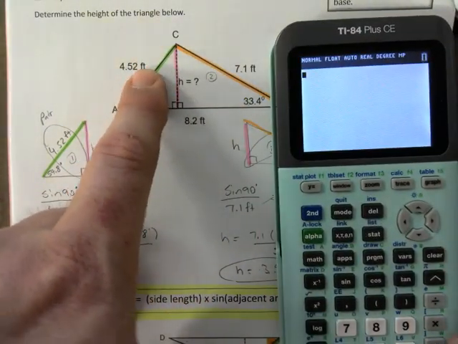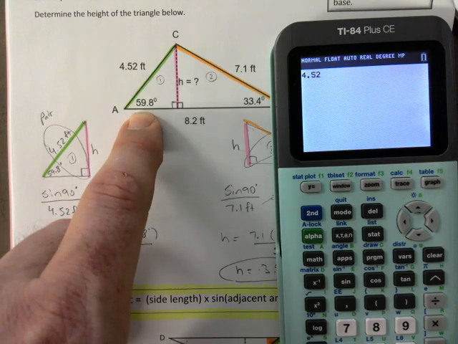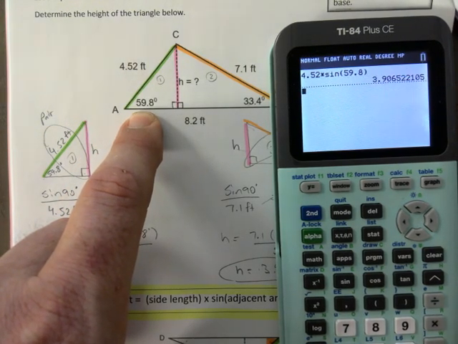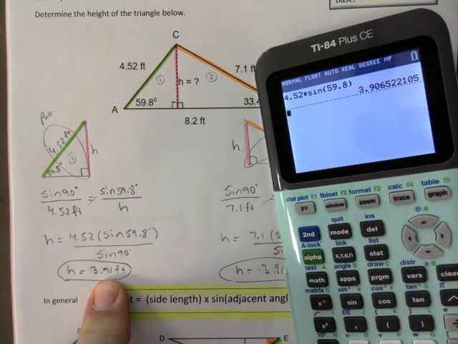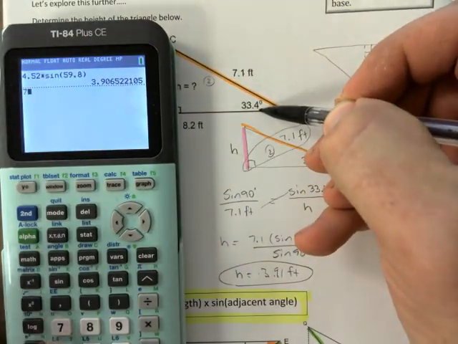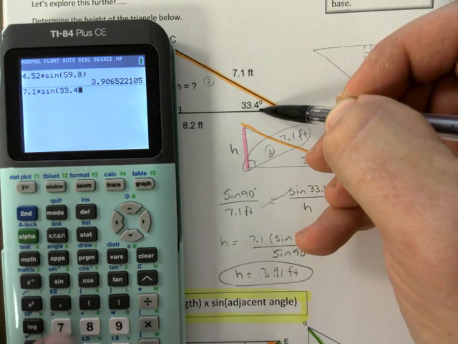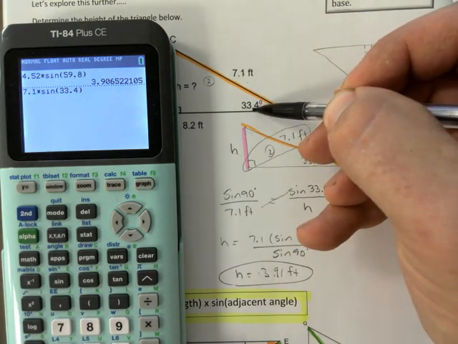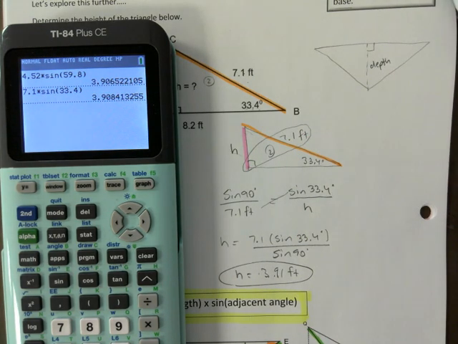Oh, I know this slant height here, 4.52 times sine of the angle that's touching it, 3.91, which is what I determined, right? Oh, what if I only know this slant and that angle? Oh, no problem, 7.1 times sine of 33.4, right? Slanted side times the angle that's touching it, 3.91. So that's the quick way of doing that.